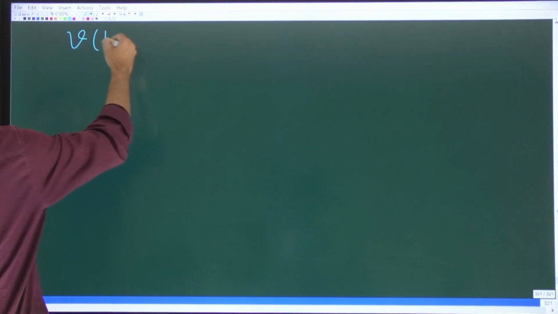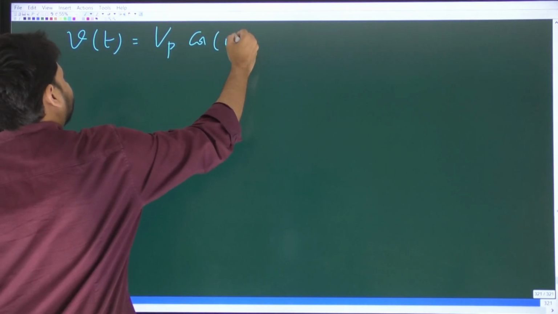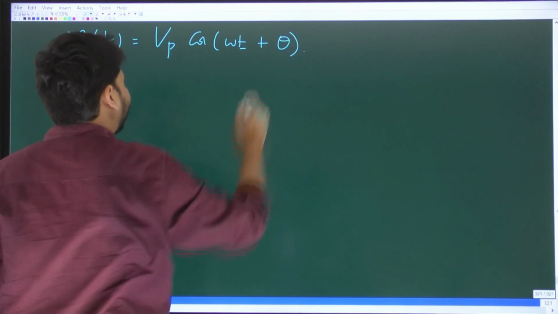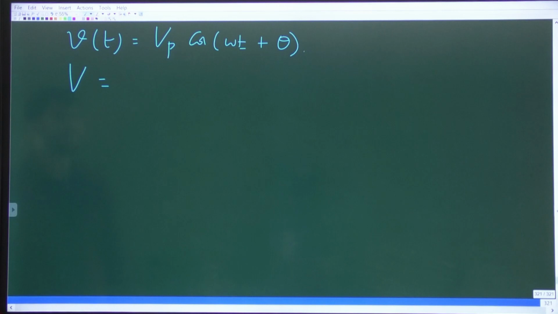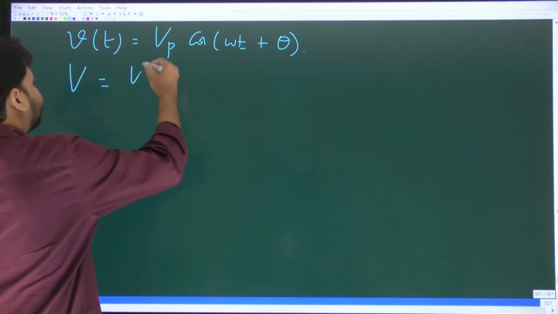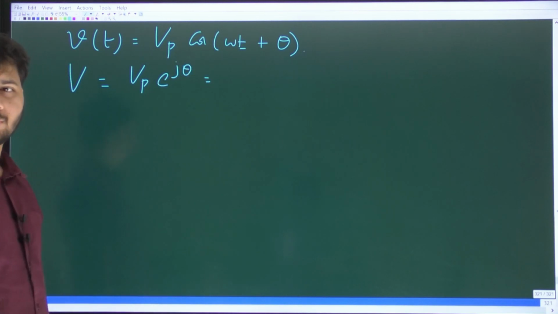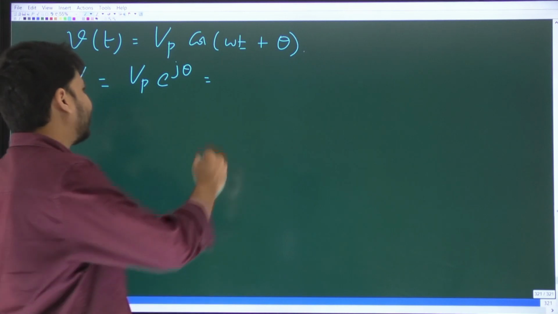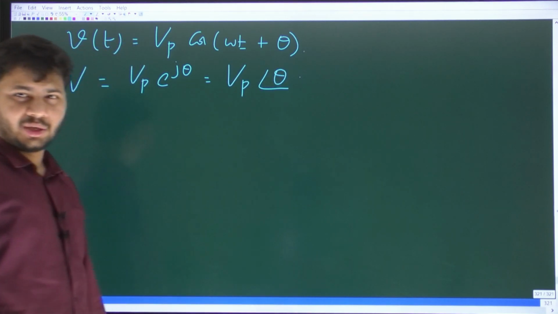So what is the important result that we have just obtained? If you have a sinusoidal voltage of the form Vp cos(omega t plus theta), the same voltage in phasor form will be represented as capital V equal to Vp e power j theta. This can also be written as Vp angle theta.